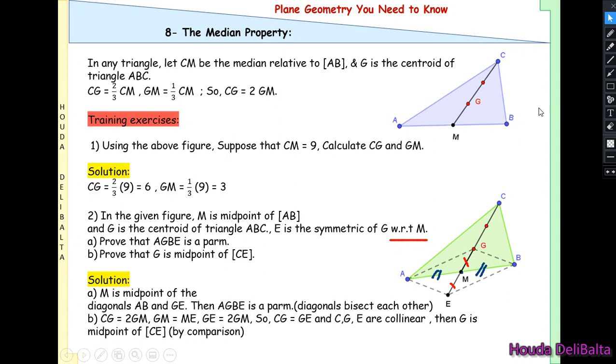So by comparison, we have that CG equals double GM and GE equals double GM. So CG and GE are equal because both of them are equal to double GM. But since C, G, and E are collinear, then we say that G is the midpoint of CE.